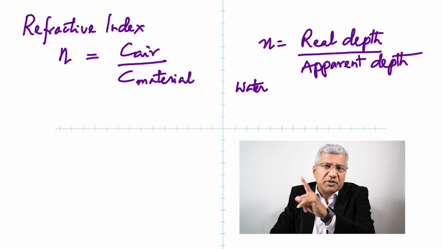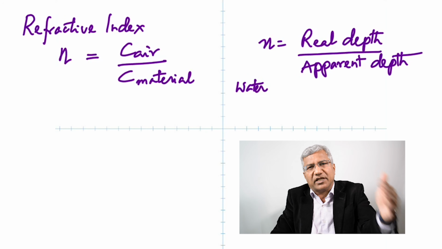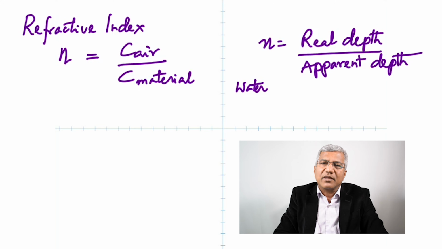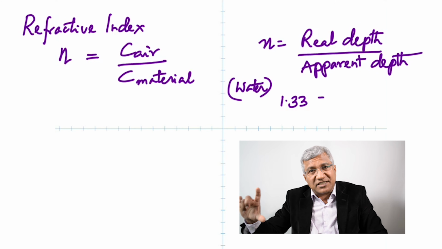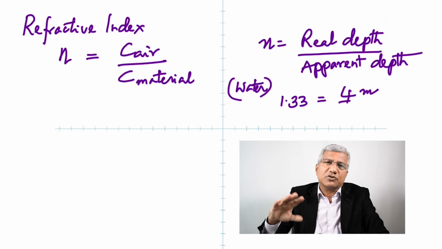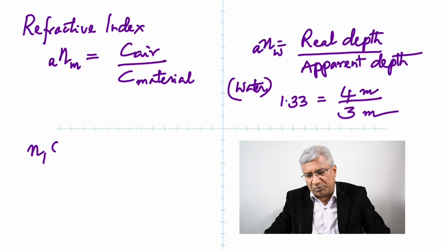What do you get if you divide 4 by 3? You get 1.33, which is the refractive index of water. So, if it appears to be 6 meters, then the real depth is 8 meters, because 8 by 6 gives you 1.33 again.